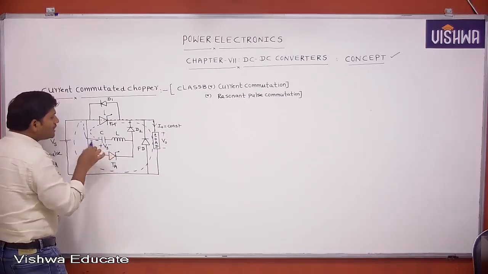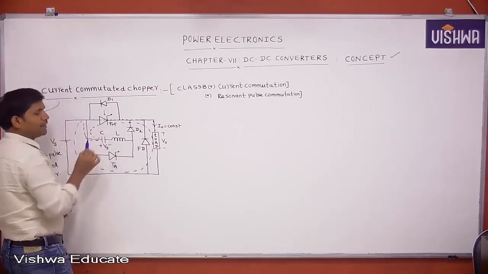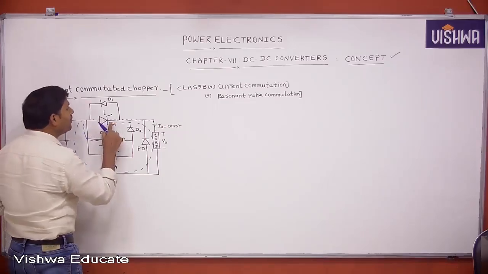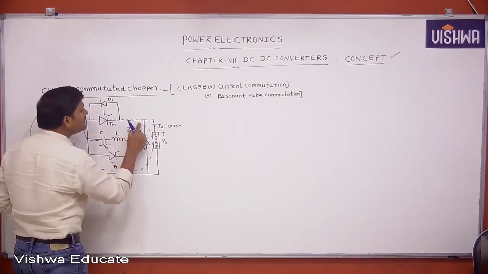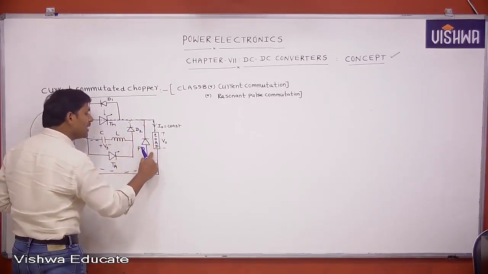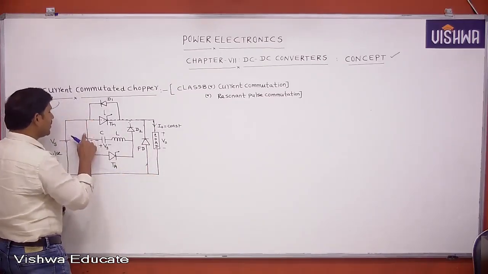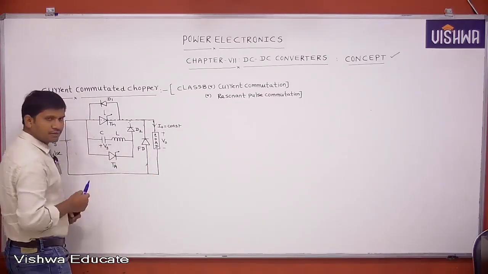We are discharging the positive plate to the positive plate again. That is meaningless. Discharging means transfer of charge from positive plate to negative. That's why this is not the path for discharging of the capacitor.